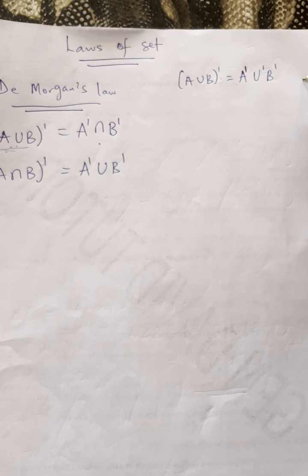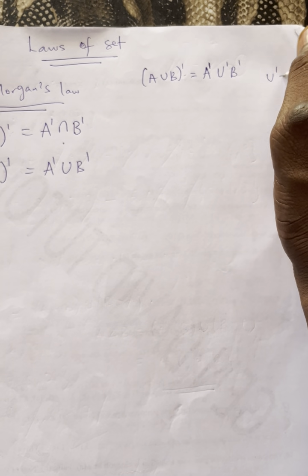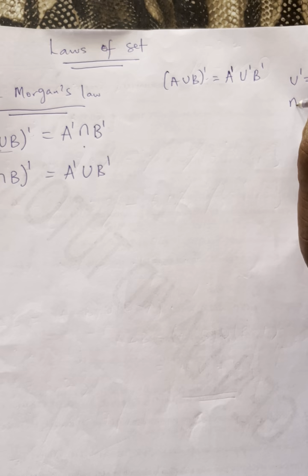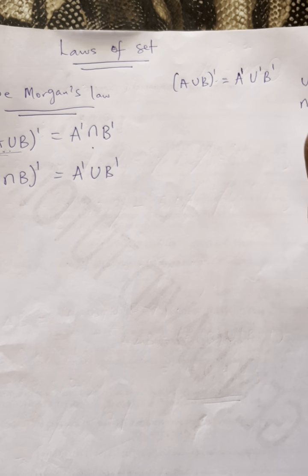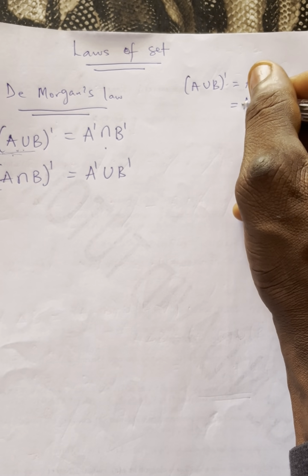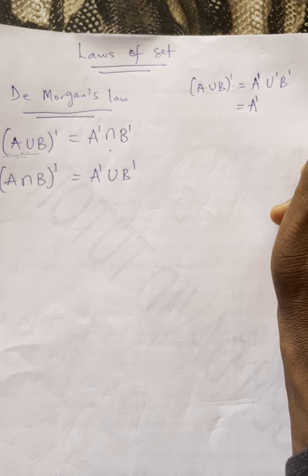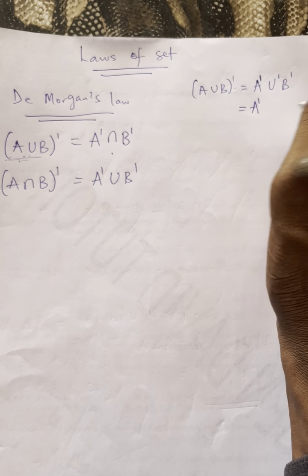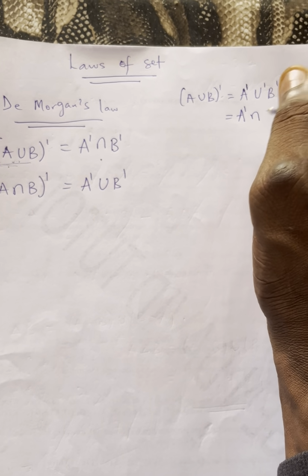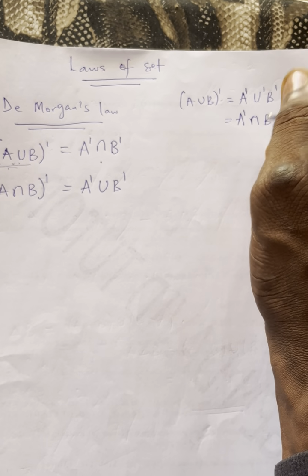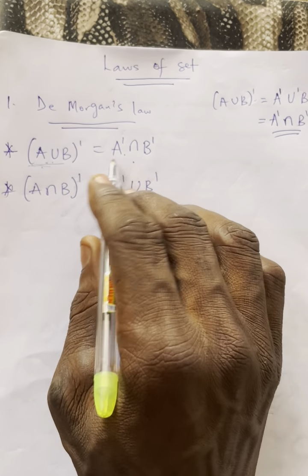But take note that union complement is equal to intersection, and intersection complement is equal to union. So since we have it, this will now become A complement, and union complement here is intersection, then B complement. That is how we got this.